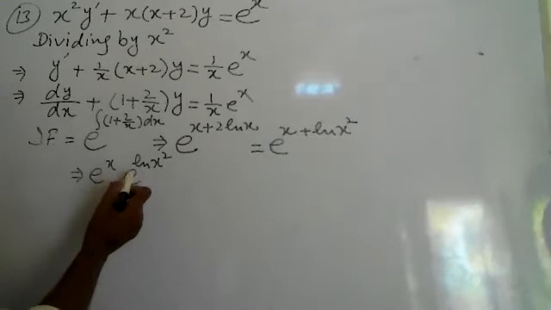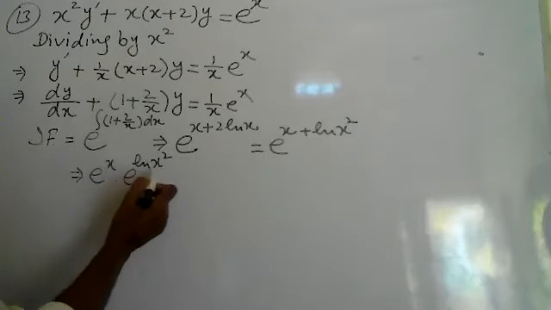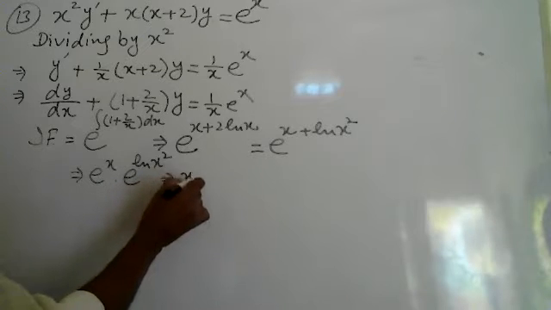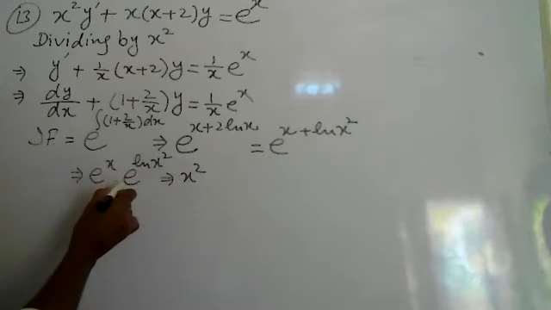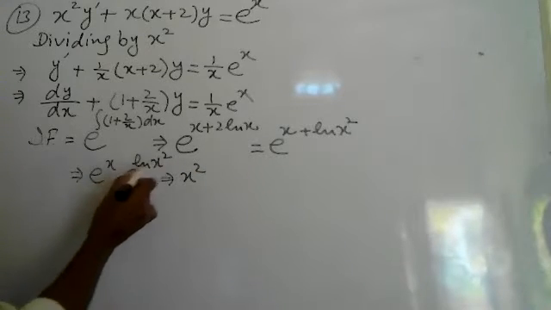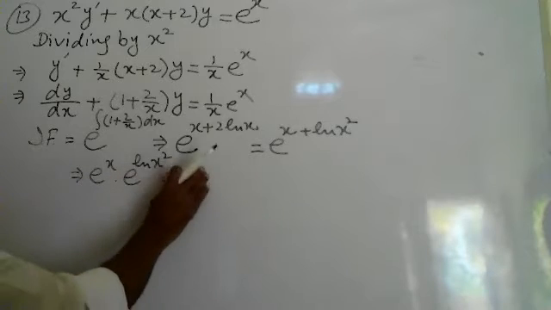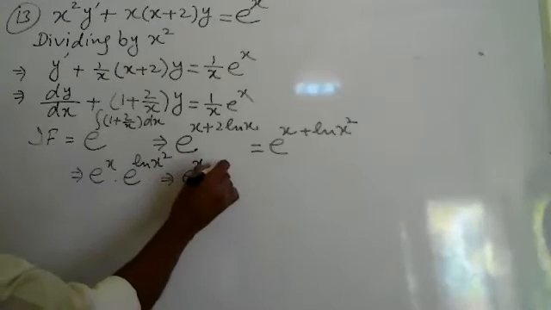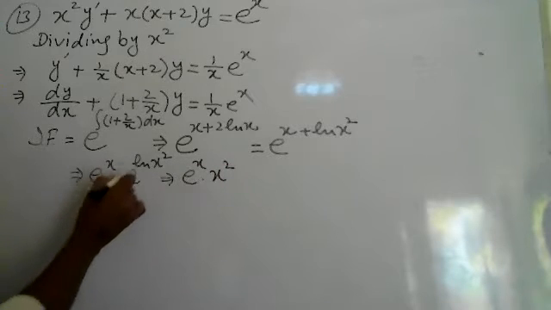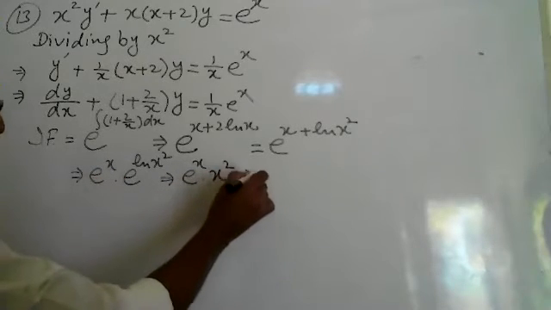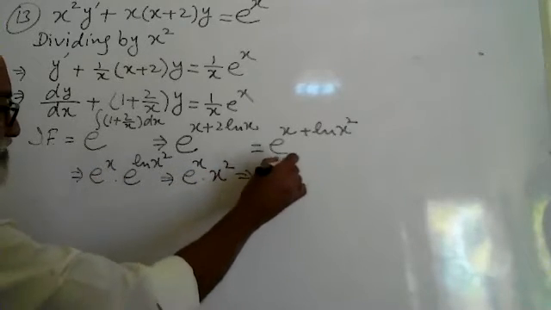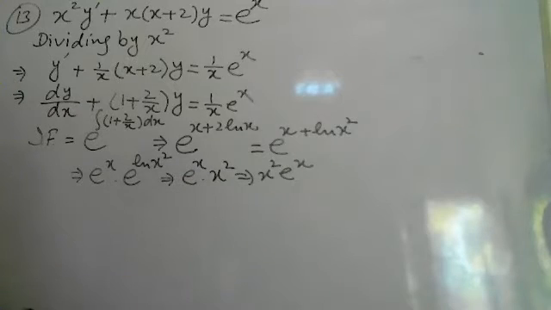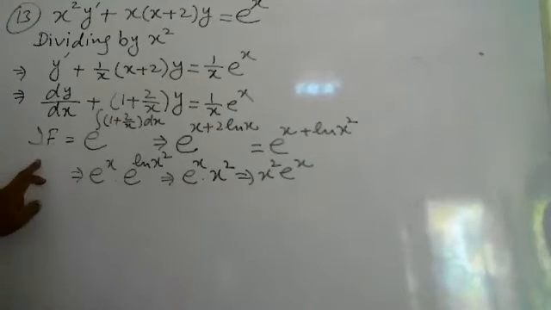So ln and e cancel. This is only x square. So x square into e raised to power x. Or I may write e raised to power x into x square. This is the integrating factor: x square e raised to power x.